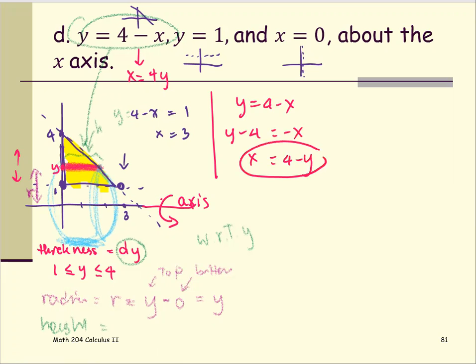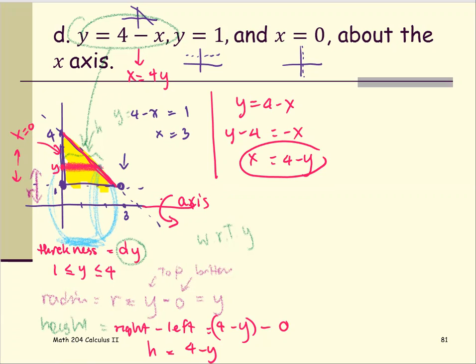Okay, that's another form of the line on the right side of the region. The height is going to be the right function minus the left function. The right function is 4 minus y. The left function is x equals 0. Therefore, the height is 4 minus y.